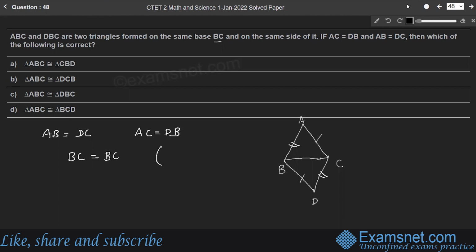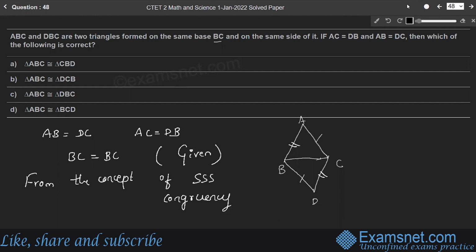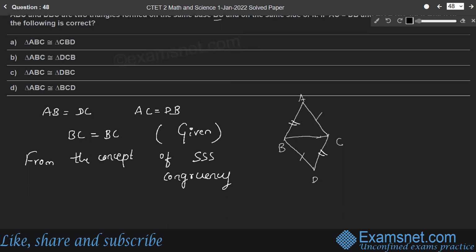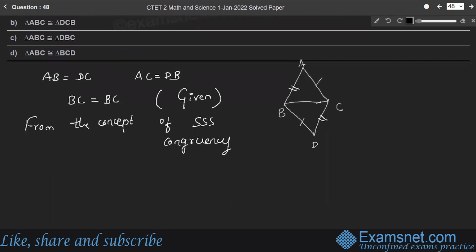From the concept of SSS congruency, two triangles are said to be congruent when their respective sides are equal. When AB is equal to CD, AC is equal to BD, and BC is equal to BC, their respective sides are equal.